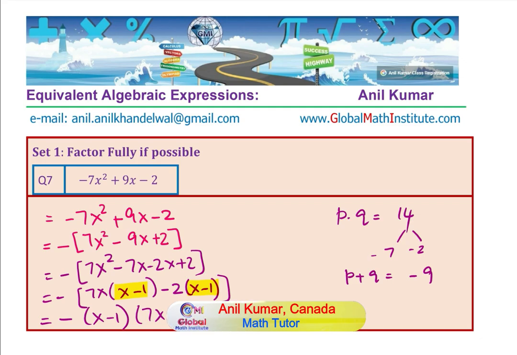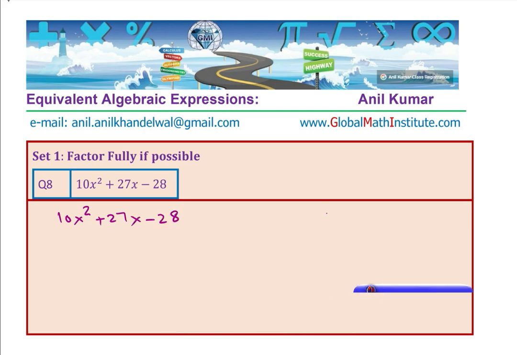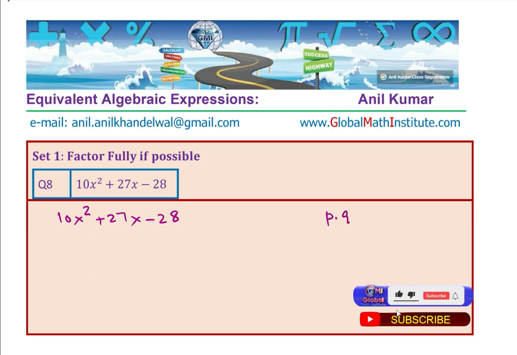Let's continue with question number 8 now, which is 10x squared plus 27x minus 28. So now we are again looking for product of a and c, which is 10 times, and negative I'm writing this time before, 28, right?